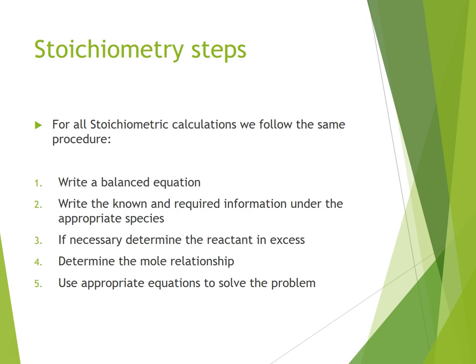Then determine if the reactant is in excess, and that's coming soon, so not yet for us. Then determine the mole ratio relationship. So this is our ratio that we're going to be talking about. And then use the appropriate equation to solve the problem. We're doing mass at the moment, so most of these are going to be some variation on our n is equal to m on Mr equation.